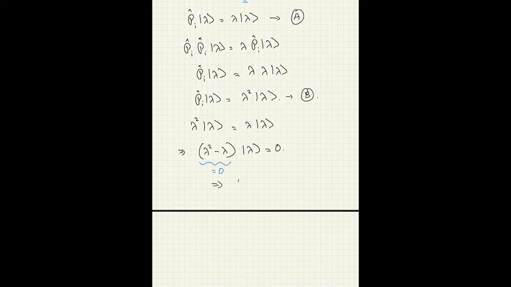This implies that lambda times (lambda minus 1) is equal to 0, which tells you that the eigenvalues of the projection operator are either 0 or 1 and nothing else. This fact proceeds from the simple property that the square of the projection operator is the same as the projection operator itself. So this concludes your tutorial. I will stop at this point.